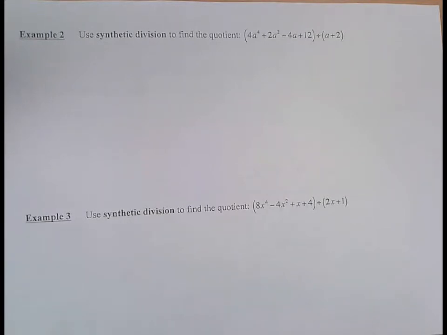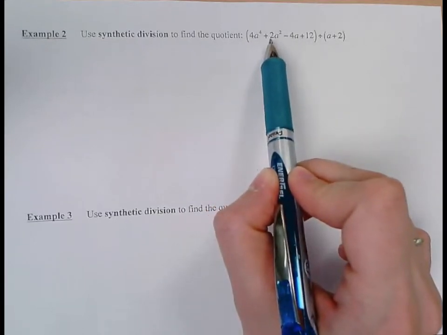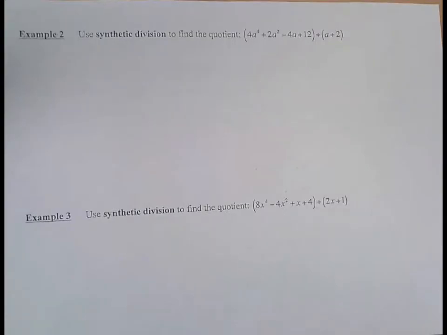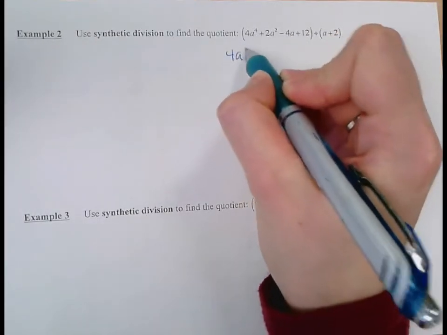So in example 2, if you look at your dividend, 4a to the 4th plus 2a squared minus 4a plus 12, are there any terms, any powers of a that are missing? A to the 3rd is missing. You have to fill in that term with a 0 before you start, otherwise you will get the wrong answer. So I'm going to rewrite this. This is 4a to the 4th.